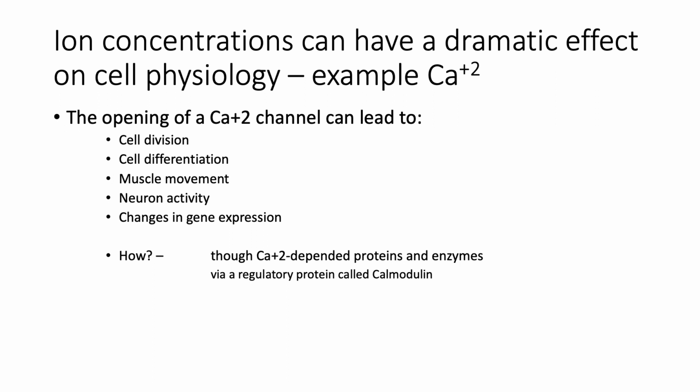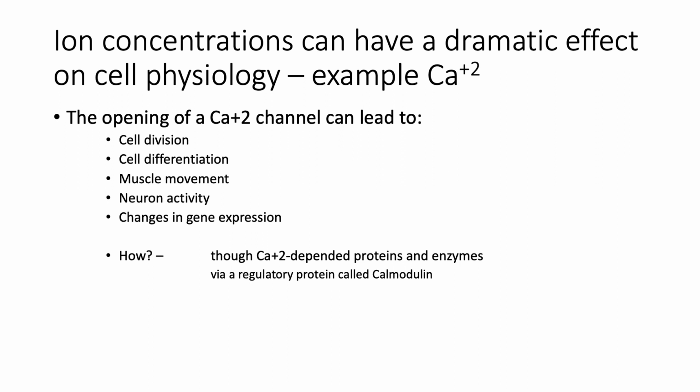So, in addition to changing the charges on different sides of the membranes and changing the ion concentrations and the possibility of attracting more fluid, like we saw with the chloride channel, ion concentrations can have a dramatic effect on cell physiology, and the most famous example is calcium.